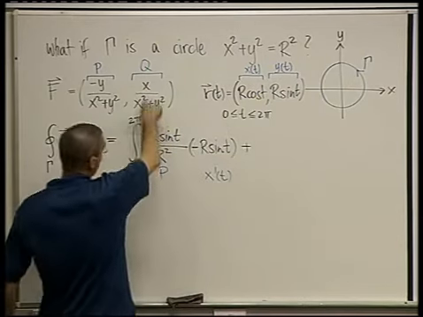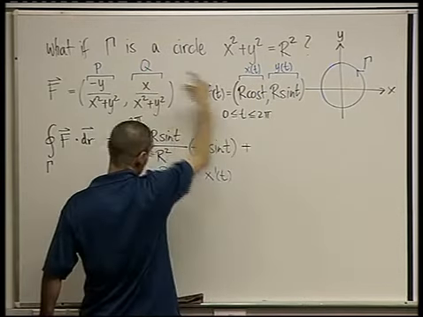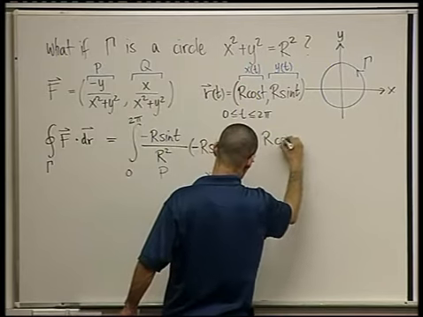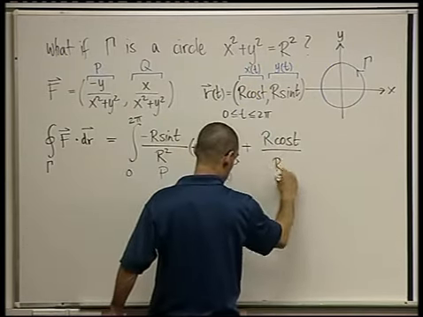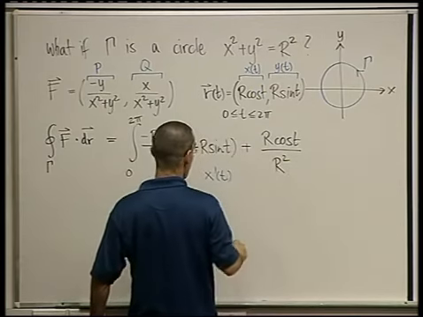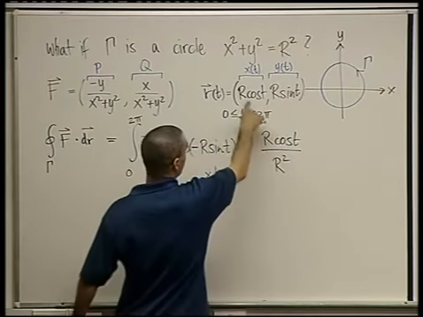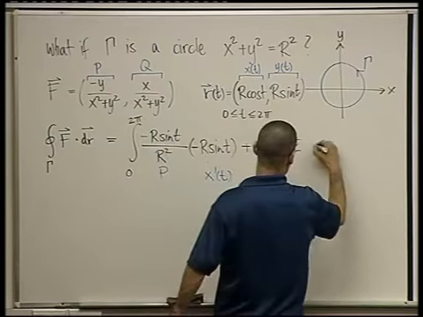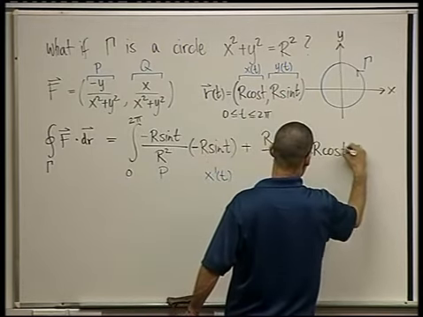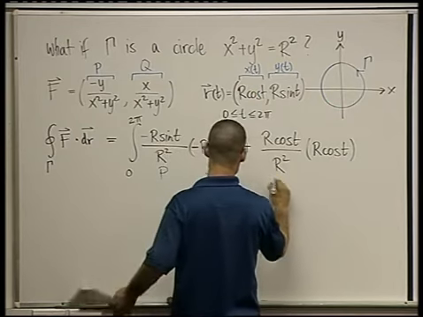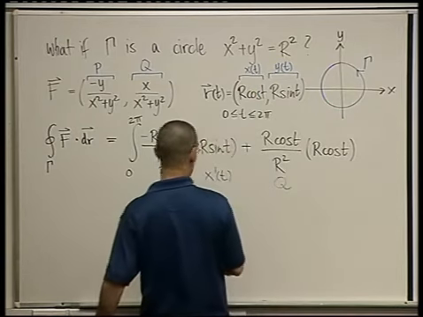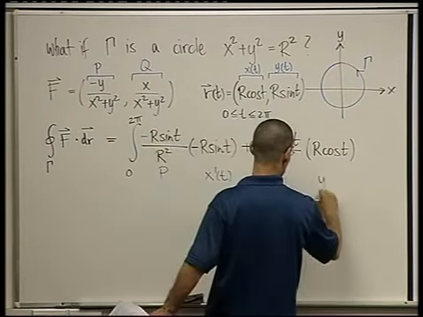Q evaluated on the circle. So x is r cosine t divided by x squared plus y squared, which is still r squared, times y prime of t, r cosine t. This is Q evaluated on the circle, and this is y prime.